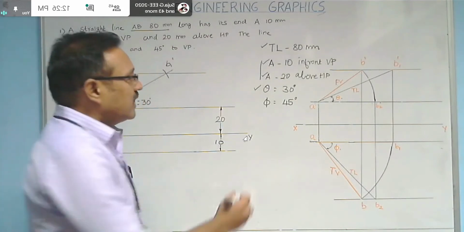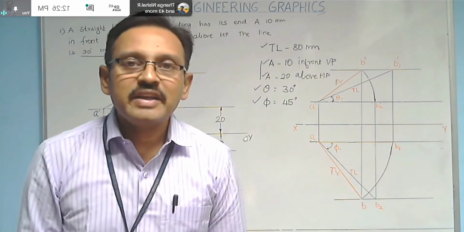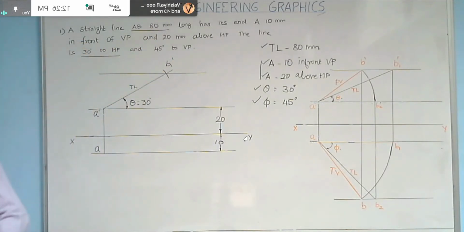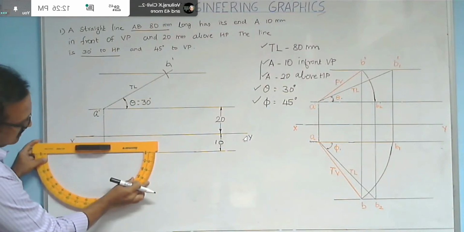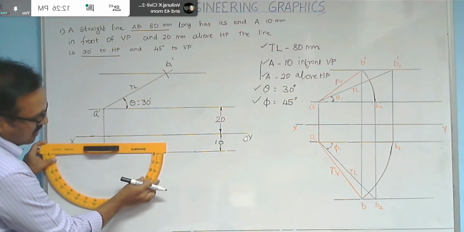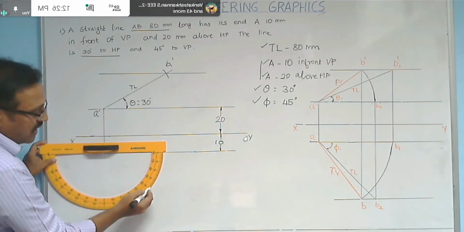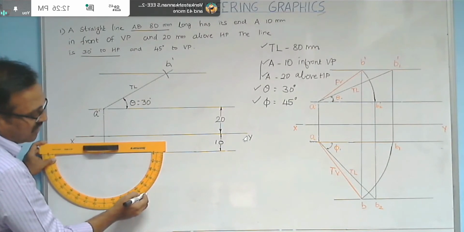Similarly, you can take this phi. Phi is given as 45 degrees in the problem. So I can take again the protractor. You keep your protractor like this. And now you take 10, 20, 30, 40, and it is 45 degree. It is given as 45.